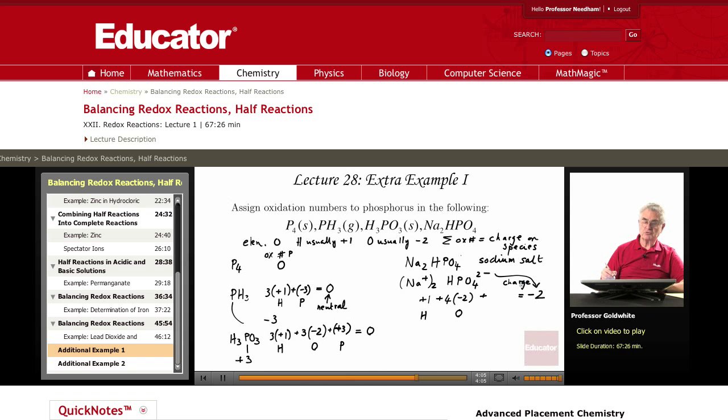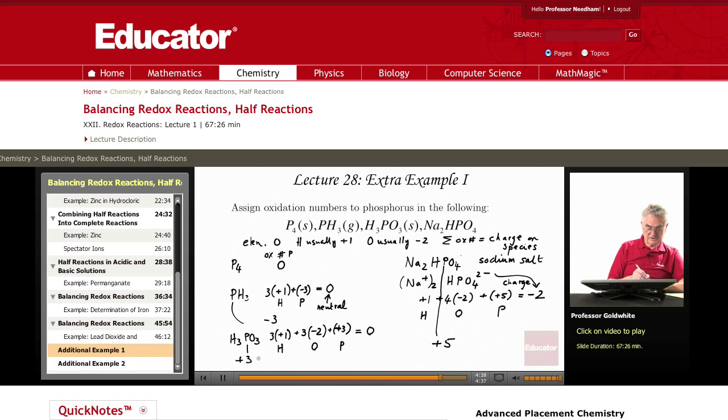That's one of our rules. All the oxidation numbers added up must equal the charge on the species. Therefore, we see that phosphorus must be +5. +5, +1 is +6, -8 makes -2. So in this compound, the phosphorus has a +5 oxidation number.